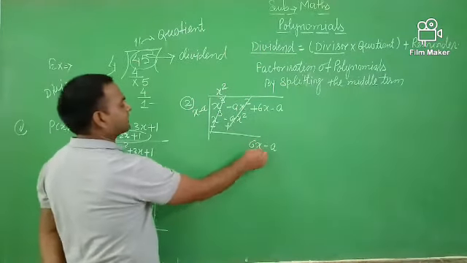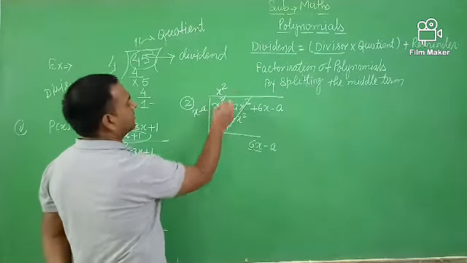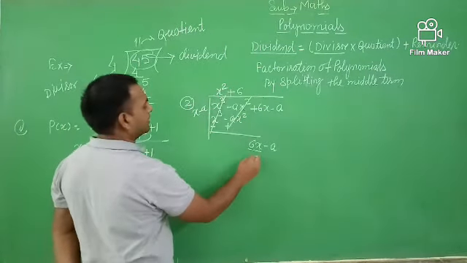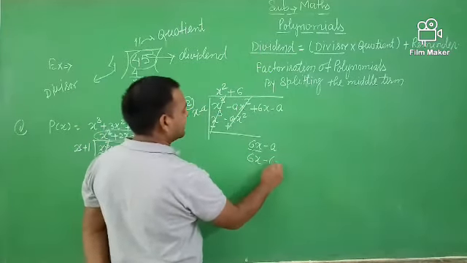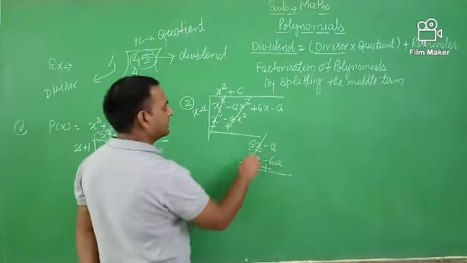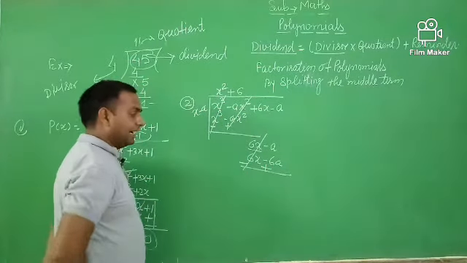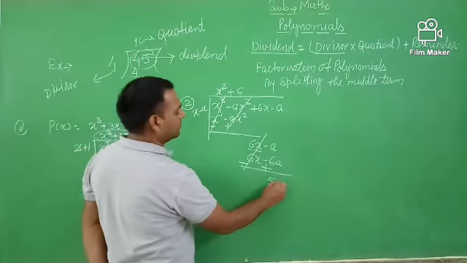After that, here is x and here is 6x, so you multiply x with 6, so it is 6x, and a multiplied by 6 gives minus 6a. After subtraction, these cancel each other, and plus 6a and minus 6a together give 5a.